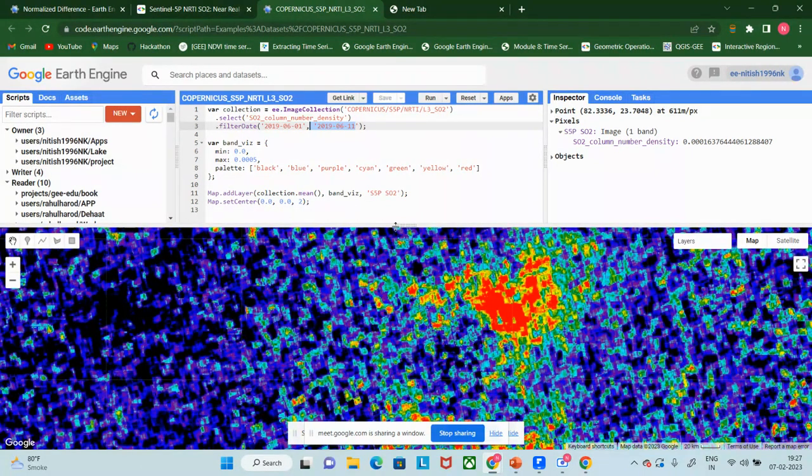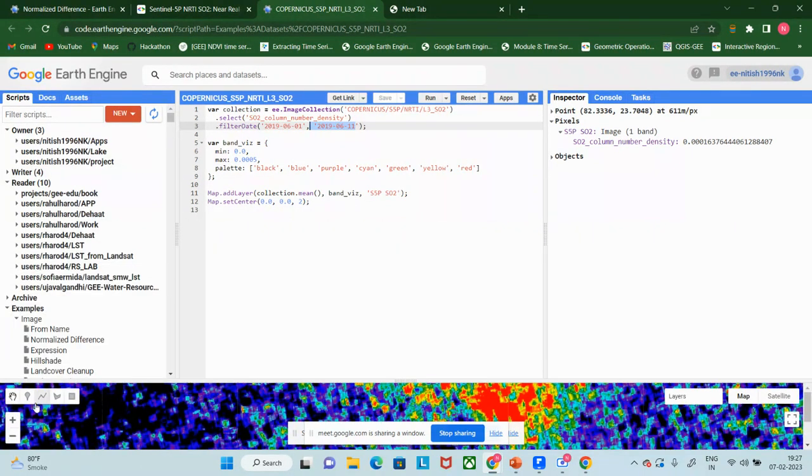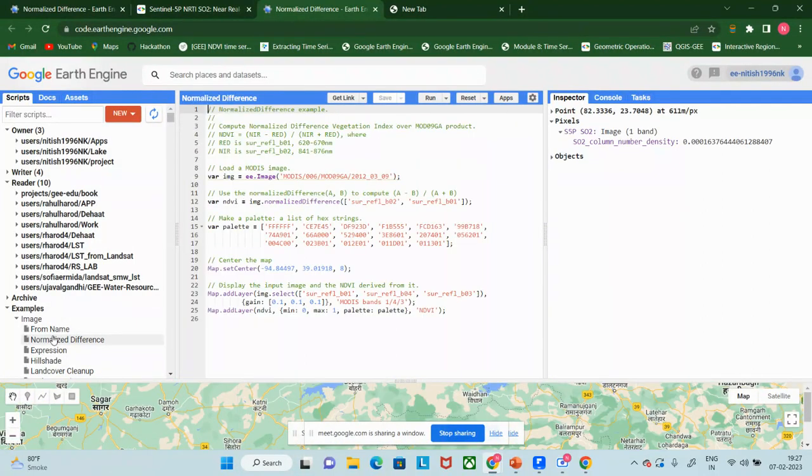So this is how it works. And I will show an example now, like we were seeing normalized difference. This data is MODIS data, and this is some product which they are taking, which I guess is surface reflectance, and this is data from this date. Then they are making an NDVI image.